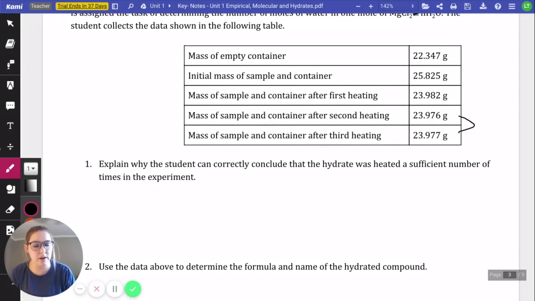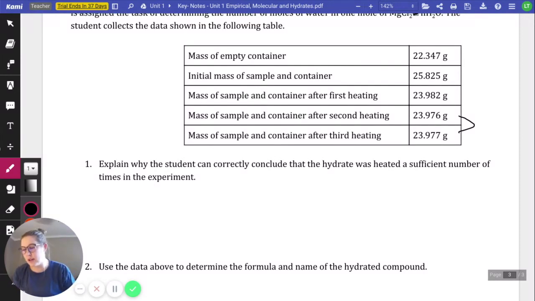And that comes down to this part right here, is that our mass remained relatively constant, which tells us that we probably evaporated off all of our water. Guys, if we don't evaporate off all of our water, it could lead us to the wrong answer because our mass of our water would be too low and the mass of our compound would be too high.